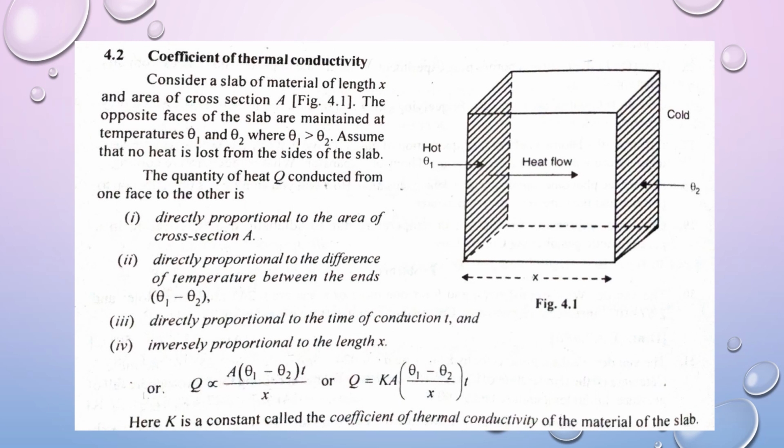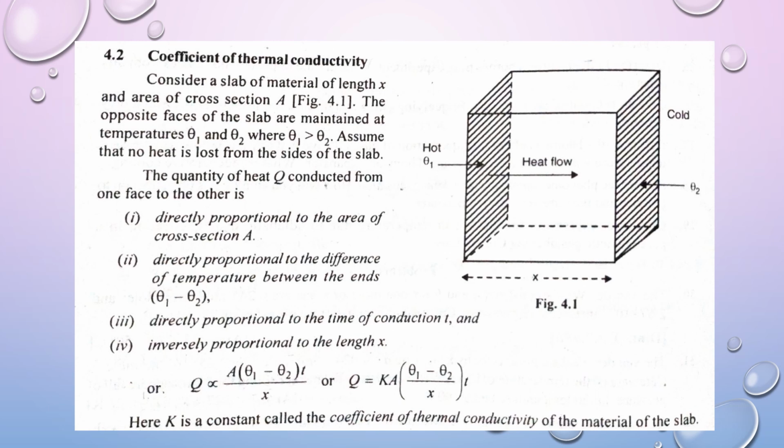The quantity of heat Q conducted from one face to another is directly proportional to the area of cross section A, directly proportional to the difference of temperature between the ends θ1 minus θ2, directly proportional to the time of conduction t, and finally inversely proportional to the length x.